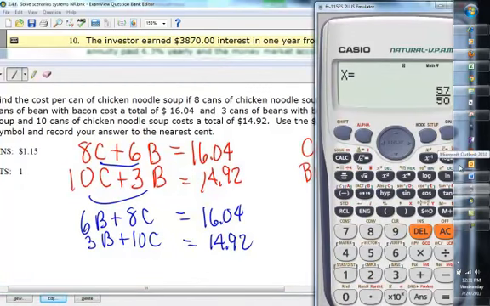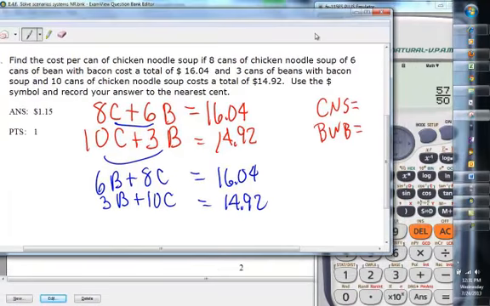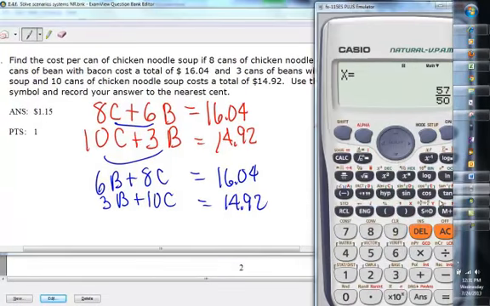And we get the bean with bacon soup is $1.14. The chicken noodle soup is $1.15.